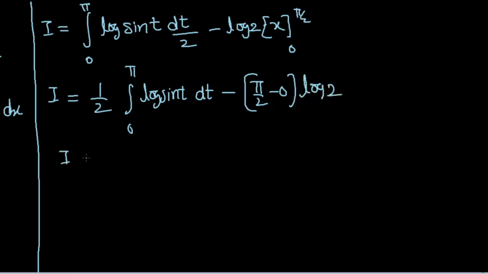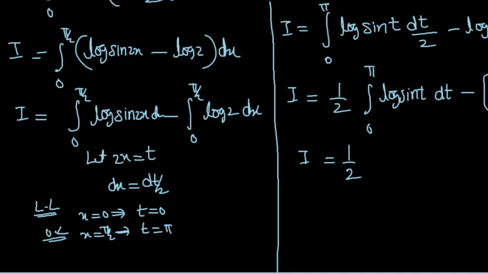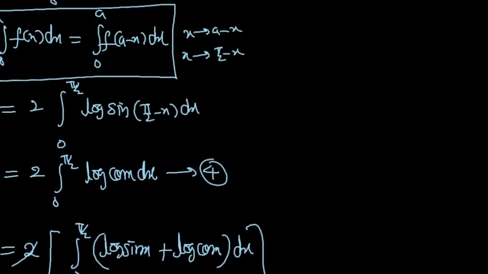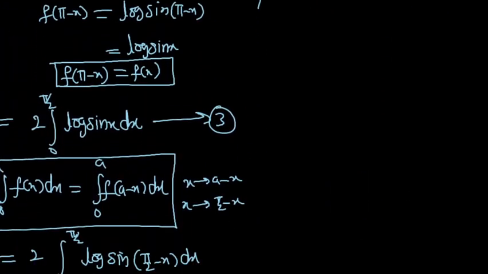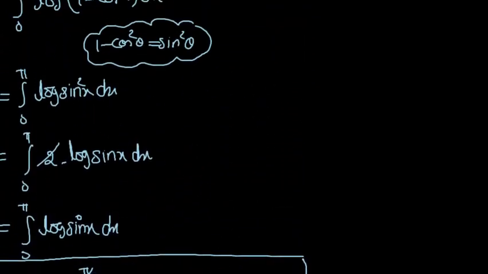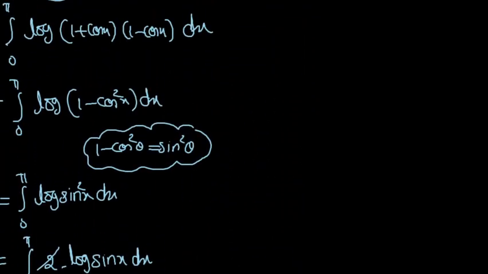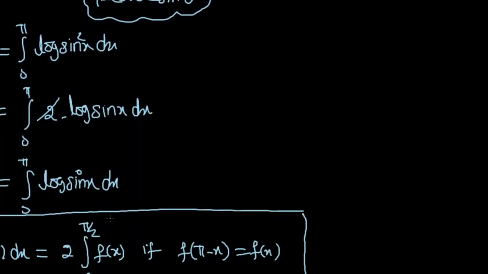So here I is equal to 1 by 2, and in this part, sine is the variable, integrated with respect to the same variable from 0 to pi. Look carefully at the equation, where we have integral 0 to pi of log sin x dx.